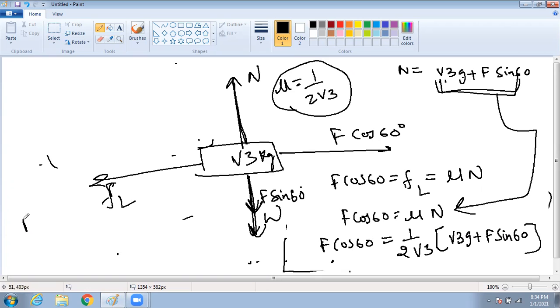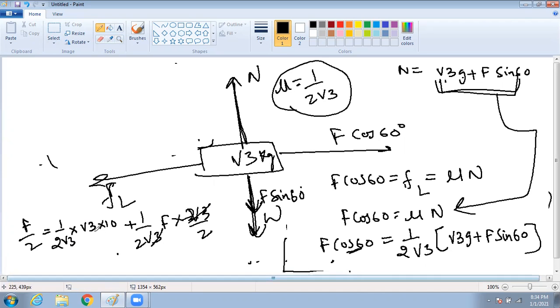Cos 60 is 1 by 2, so F by 2 will be 1 by 2 root 3 into root 3 into 10, plus again 1 by 2 root 3 into F into root 3 by 2. So root 3 cancels, again here root 3 cancels. So F by 2 equals 10 by 2, which is 5, plus F by 4.